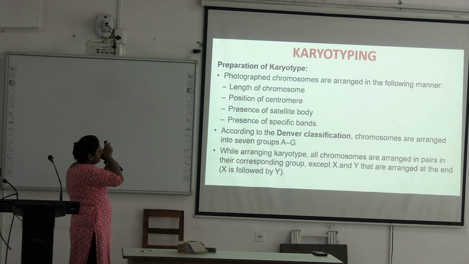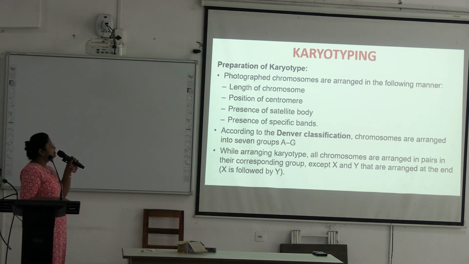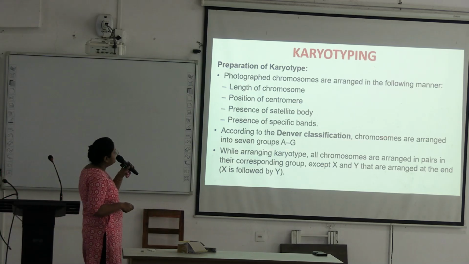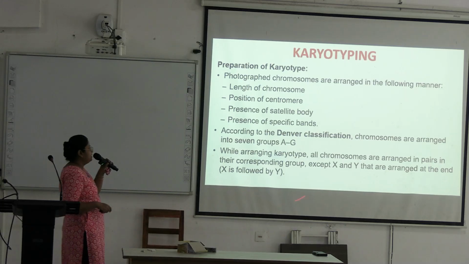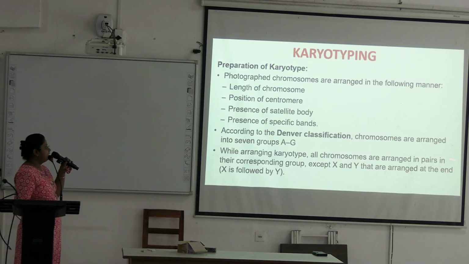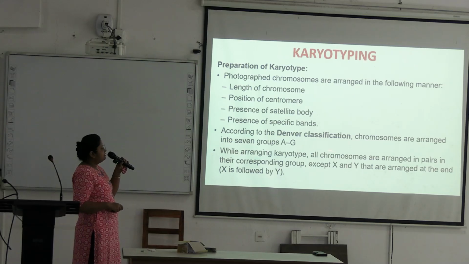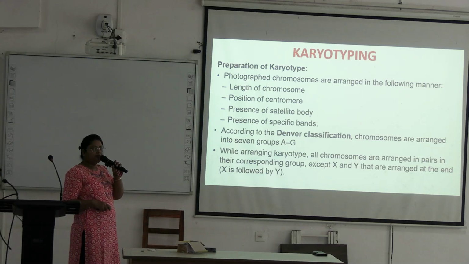Next, according to the Denver classification, chromosomes are arranged into 7 groups, A to G. These are the names of the groups. While arranging the karyotype, all chromosomes are arranged in pairs in their corresponding group, except the X and Y chromosomes that are arranged at the end. X is followed by the Y.